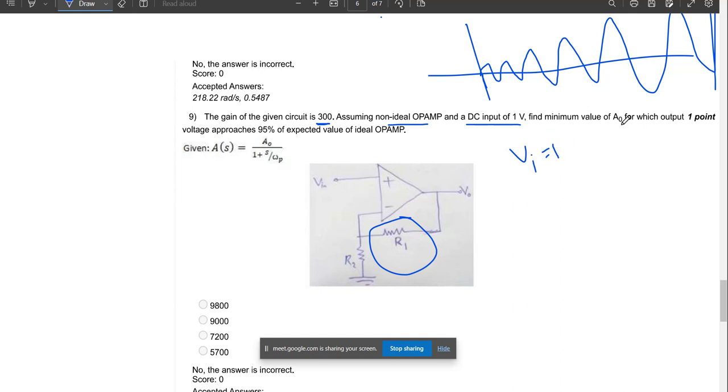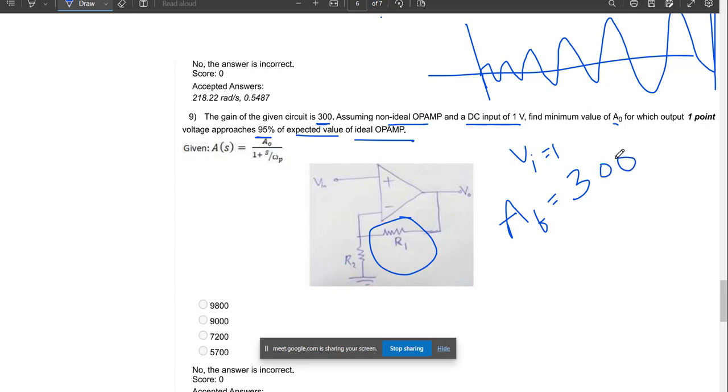It is asking to find the minimum value of A0 for which the output voltage approaches 95% of the expected value of an ideal op-amp. So you have to understand what it is saying here. The gain of the given circuit, that is A circuit, can be written as A_F, and it is equal to 300.